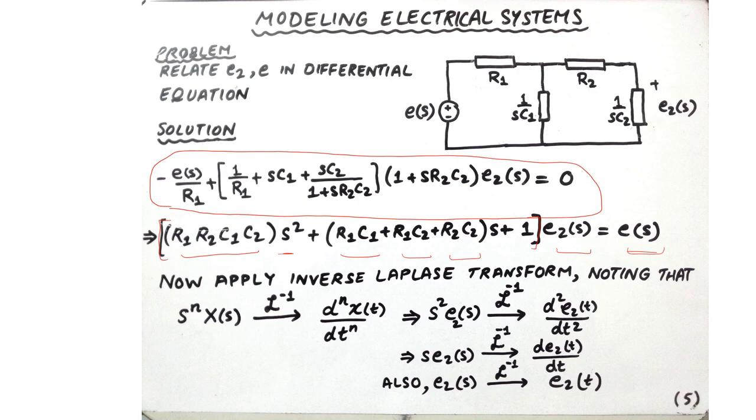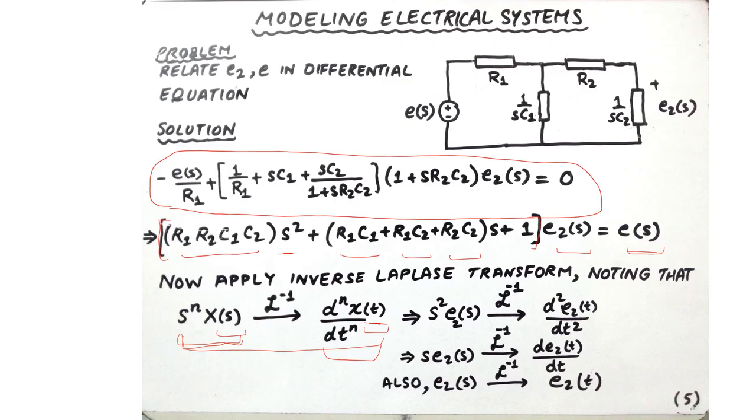For that, we need to calculate the inverse Laplace. And for that, I would like you to recall the relationship between the differentiation in time domain and in the Laplace domain. So we say that s to the power n multiplied by some Laplace function, if you take an inverse Laplace, you are actually taking the nth time derivative of that function. Let's say X(s) in Laplace, that is going to become x(t).